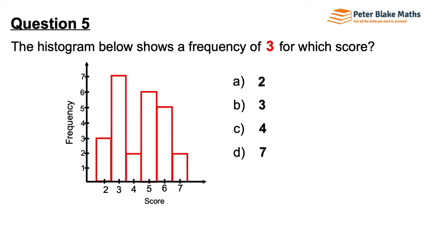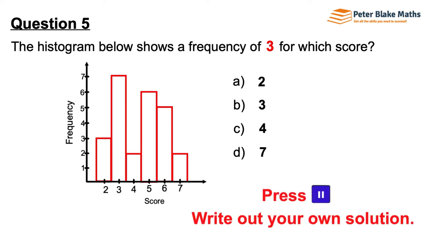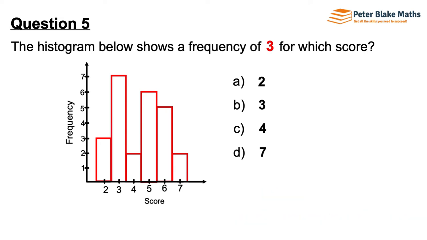Question 5. The histogram below shows a frequency of 3 for which score? Is it the score of 2, 3, 4, or 7? Since we're given a frequency of 3, we'll look on the vertical axis first for a frequency of 3.